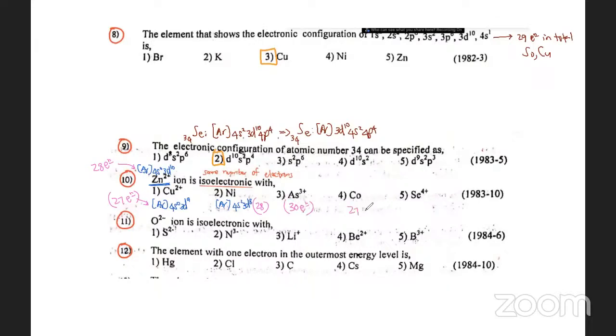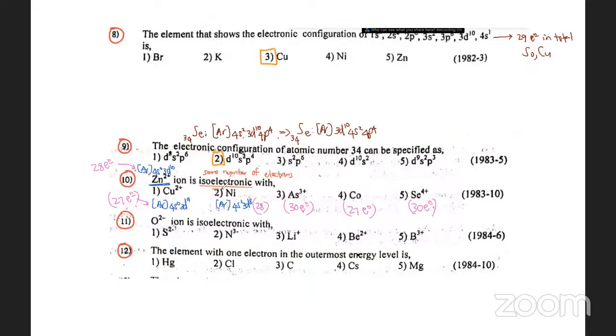Cobalt has 27 electrons. Selenium 4 plus has how many electrons, someone? Again 30 electrons. So selenium 4 plus and arsenic 3 plus are isoelectronic with zinc, not zinc 2 plus. I think this is the easiest method. Just count the number of electrons and see who has equal number of electrons to identify isoelectronic species.